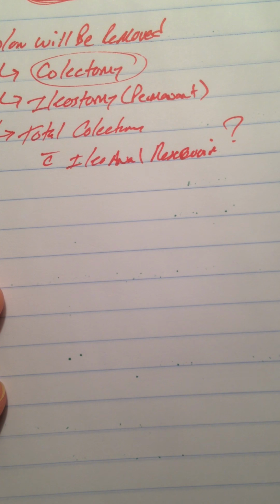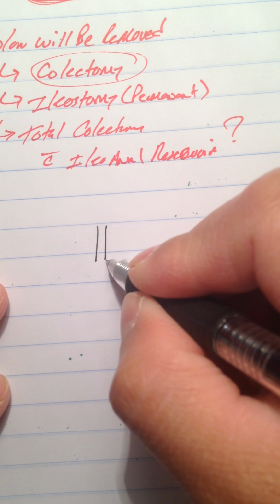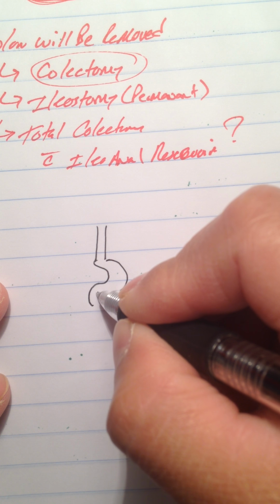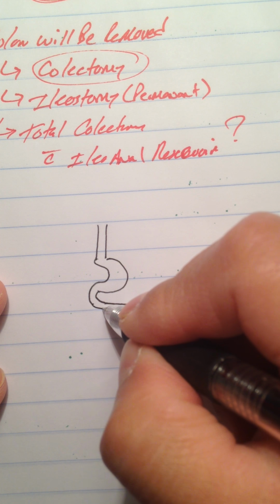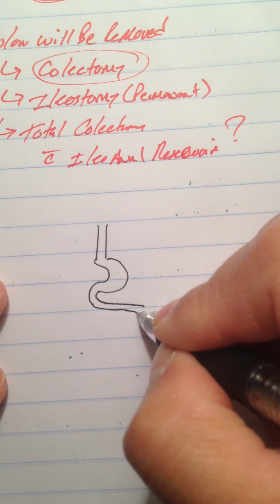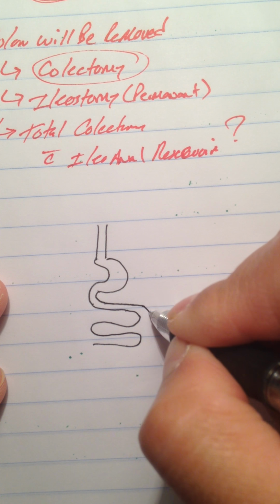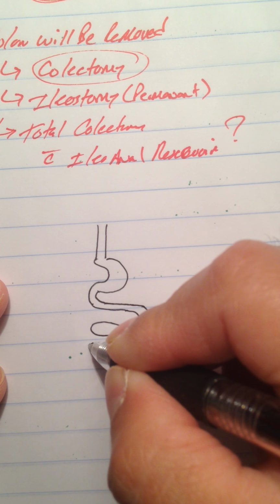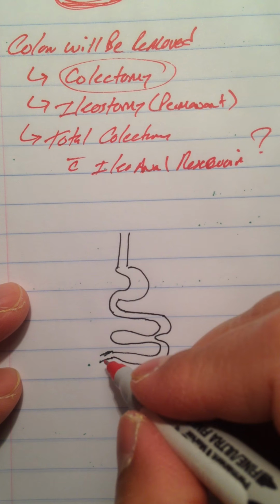Okay, we're going to have esophagus here, stomach, and then we're going to have the duodenum, rest of the small bowel, jejunum, and then ileum, right? That's your basic anatomy. And then remember, that ties into your colon.